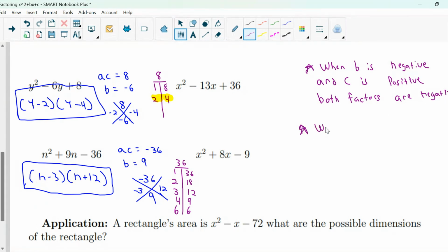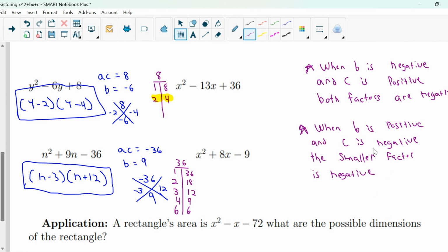But when b is positive and c is negative, then it tells us that the smaller factor is going to be negative.